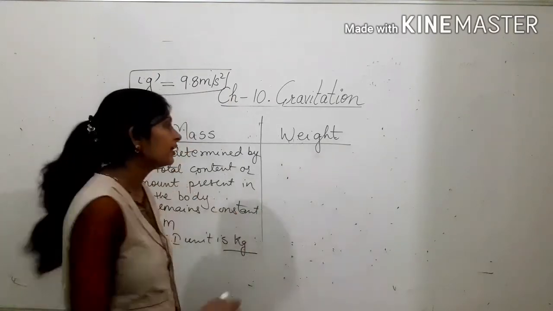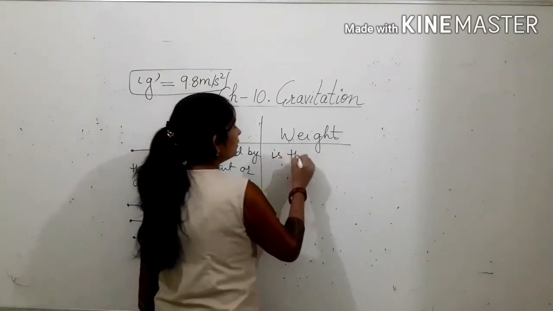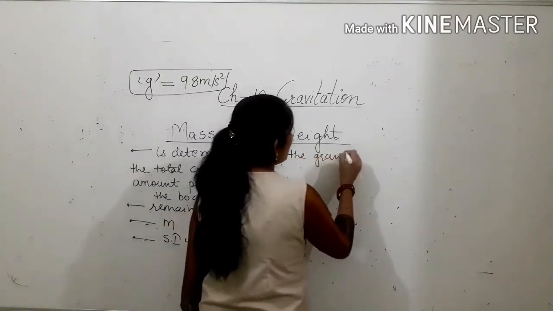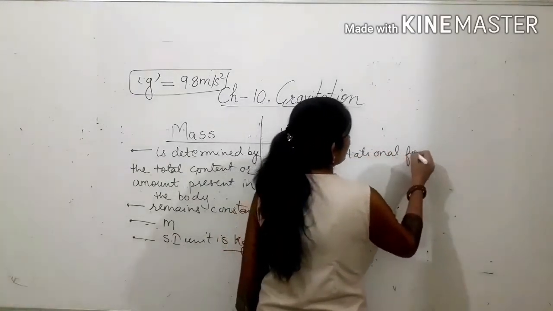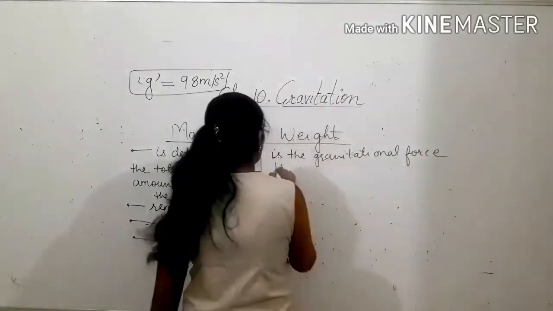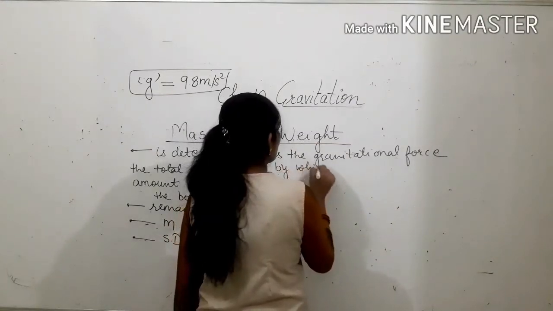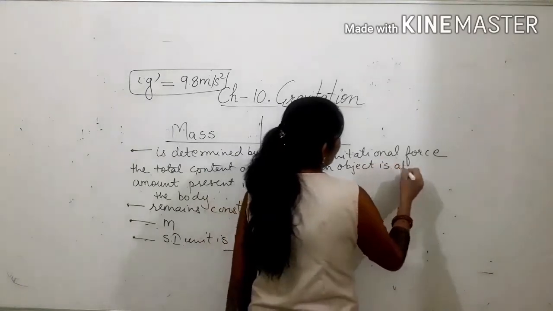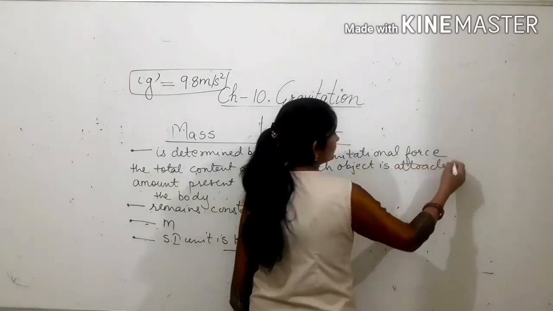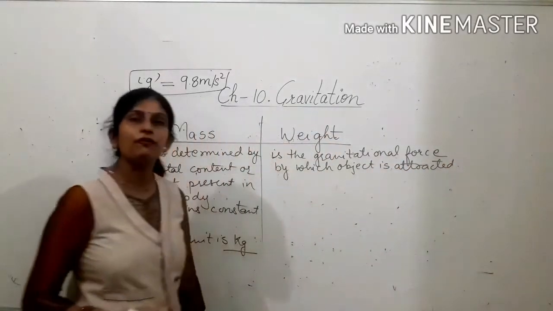Whereas weight is the gravitational force by which an object is attracted. So what is the weight of an object?